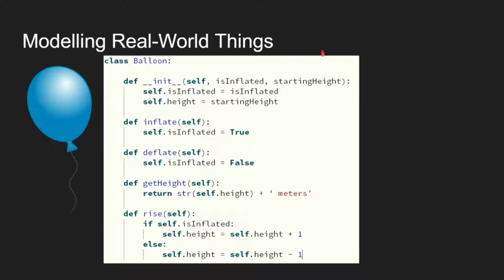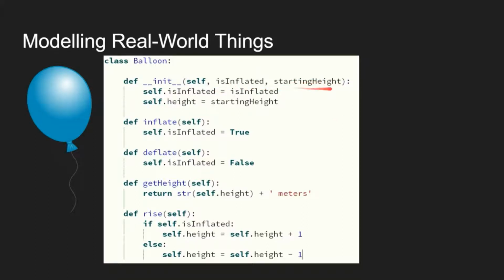So finally, to recap, this class, Balloon, models a balloon in real life because it can be inflated or deflated, and it's always a certain height above the ground. To create a single balloon, or an instance of the balloon, we use the constructor, and we can either start it out inflated or deflated.